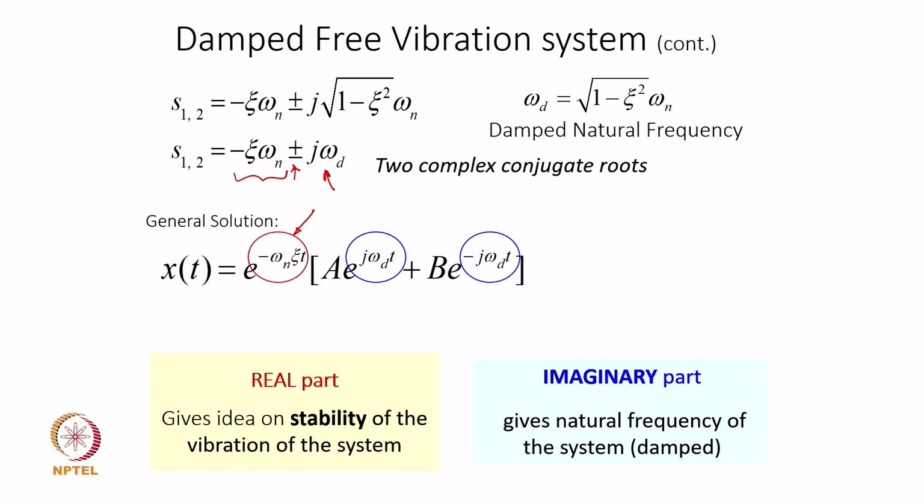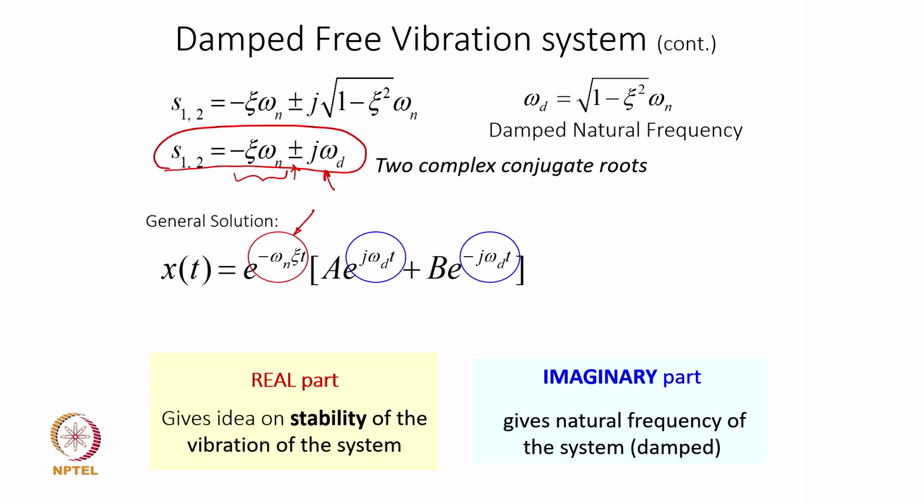And therefore, before we even jump into the forced vibration response calculation, it is usual for the designer to carry out eigenvalue analysis on the system, because through eigenvalue analysis you get all the roots of the vibratory system, and once you get the roots, you also immediately come to know whether the system is stable or unstable by just having a look at the real part of the complex eigenvalue.